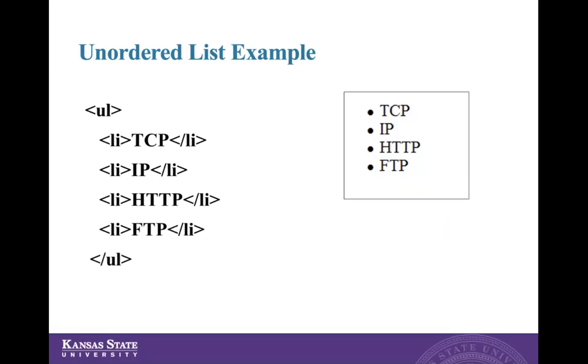Make sure you're using the proper tags here: the opening LI, the text, and then the closing LI tag. We do that for the next three as well, putting each one on a separate line. On the very last line, we use the closing tag for the unordered list, adding the backslash. When it displays in the browser, it looks like it does on the right, adding those little bullets to our text.